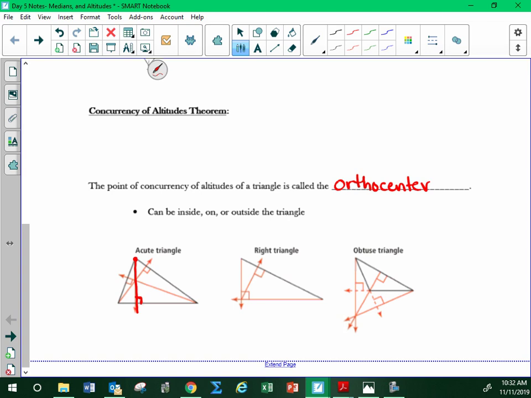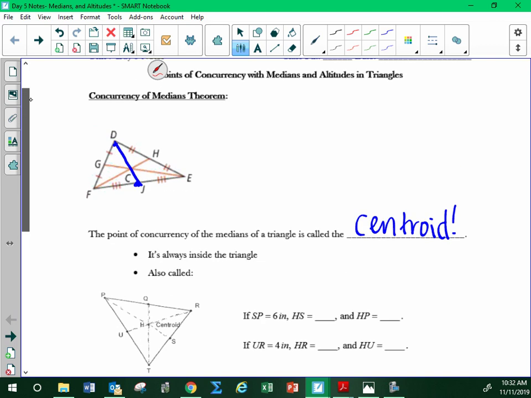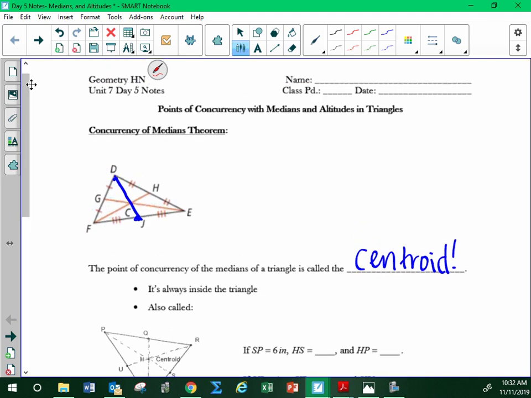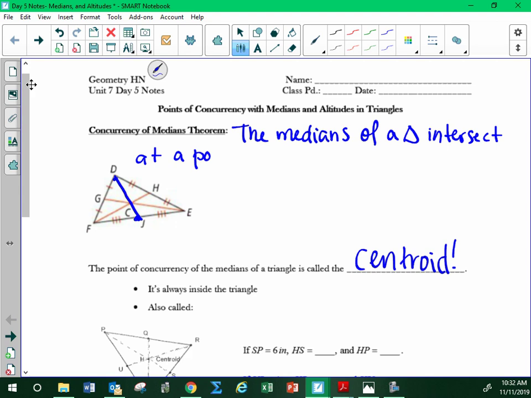Okay, so let's take a look at our first theorem. Concurrency of medians. The medians of a triangle intersect at a point. What do we call that point again? Centroid.